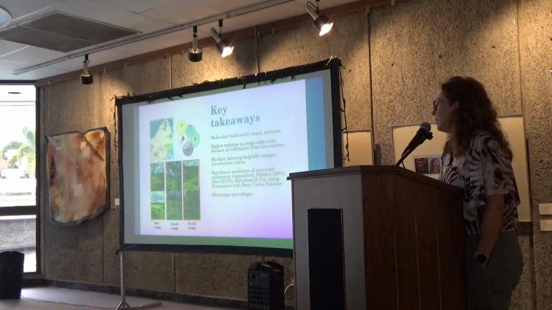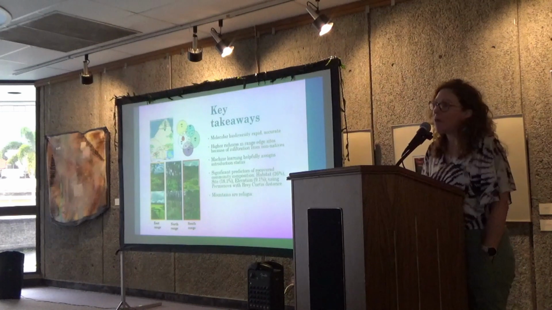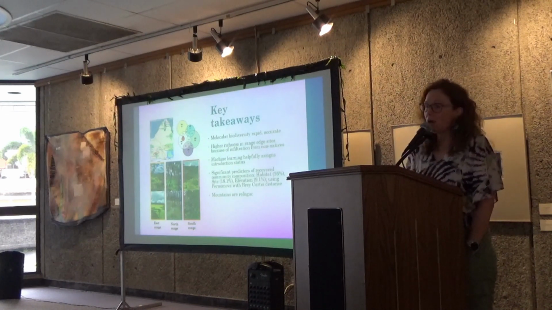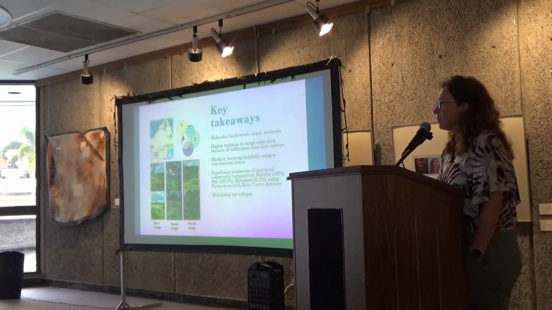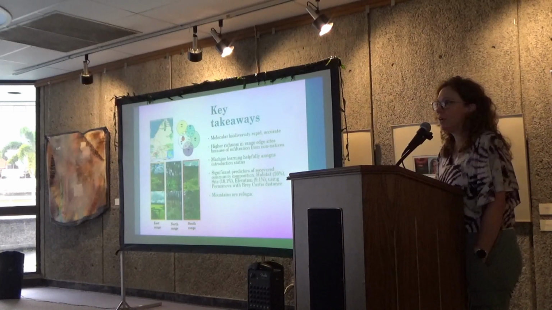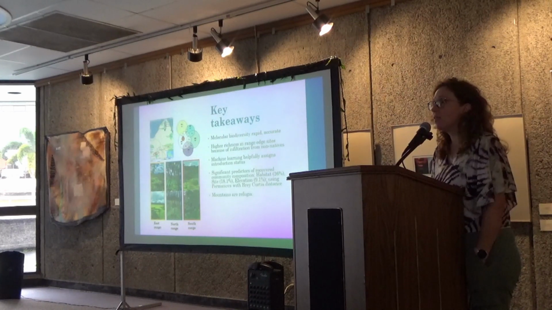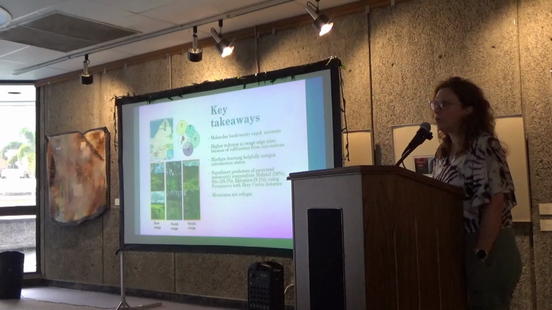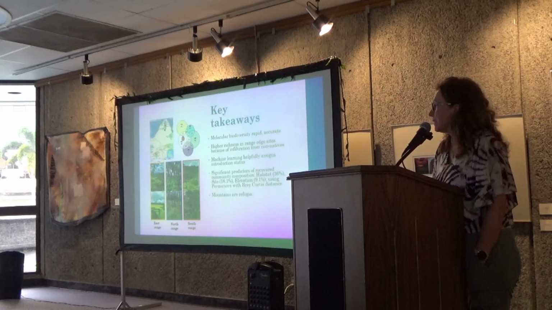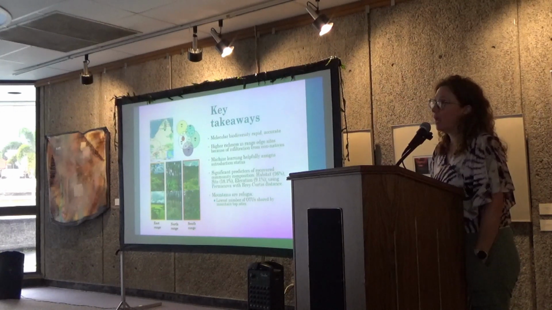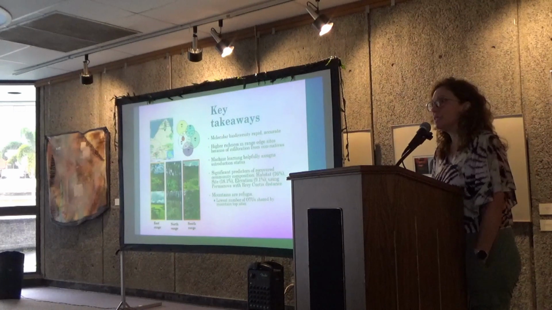What this model allowed me to understand is that mountains are acting as refugia here. That's what's protecting our native biodiversity, these higher elevation areas. And within the system that we went to, a lot of those higher elevation areas are protected areas on Army land. So in a way, we're protecting the native forest by having fewer people moving through it and having the land reserved for intact forest.